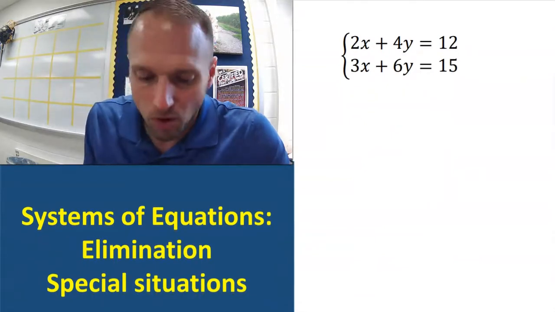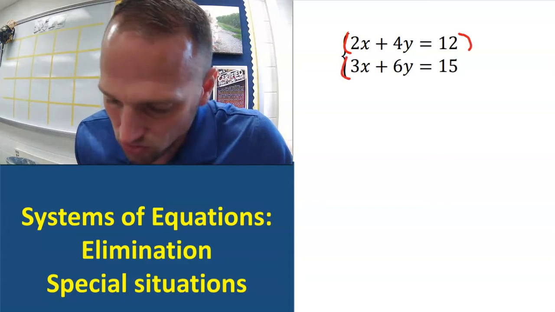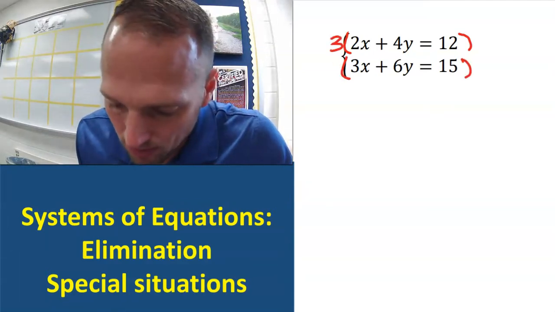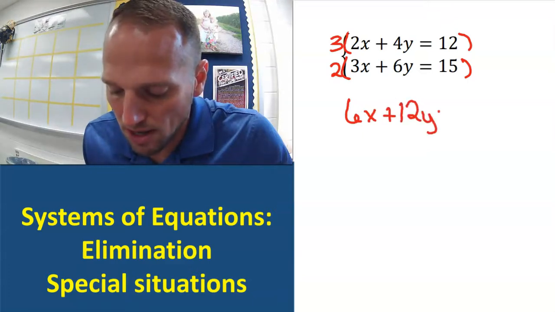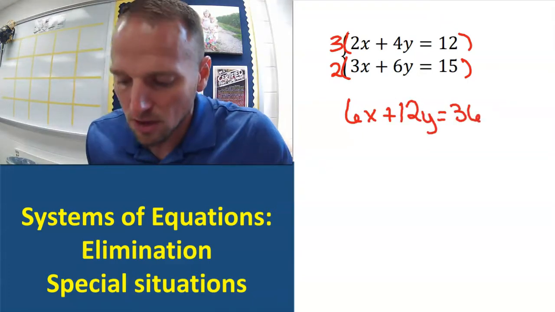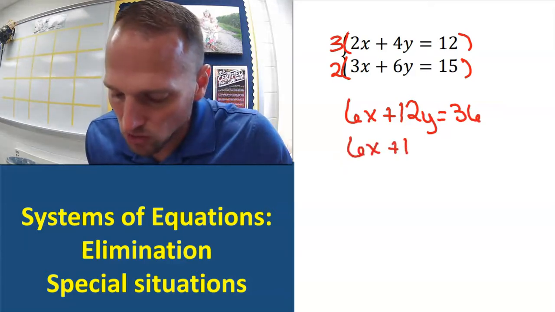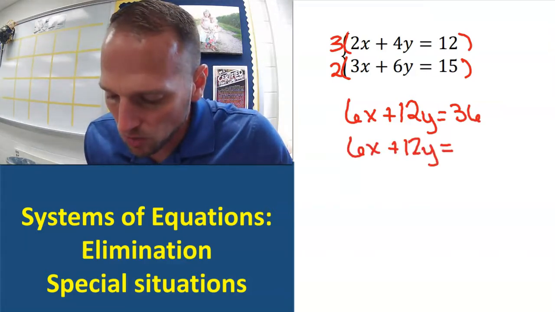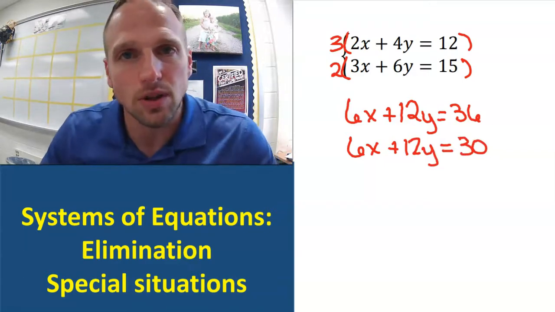Once again, multiply the top by the bottom and the bottom by the top. So my equations are just about the same as they were last time. Multiply the top by 3, that's going to be 6x plus 12y equals 36. Multiply the bottom by 2, 6x plus 12y equals 30. Again, the x's are almost ready to eliminate.